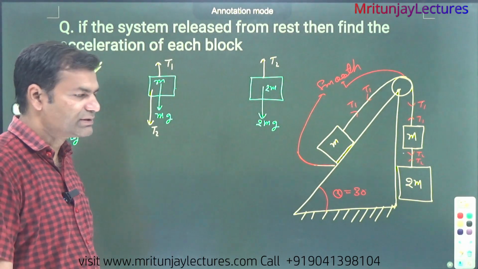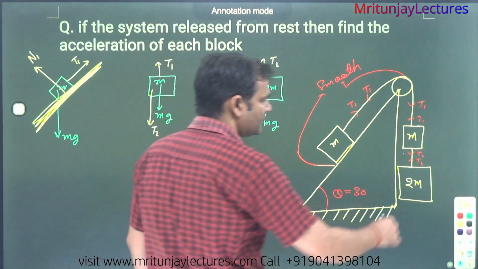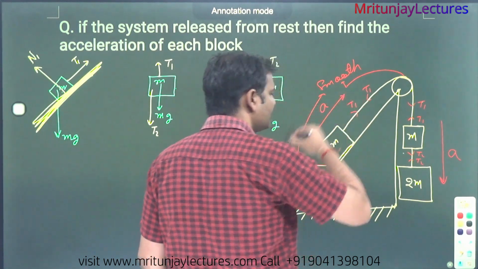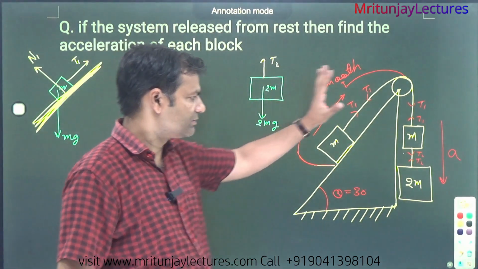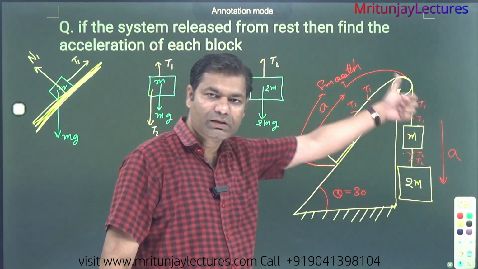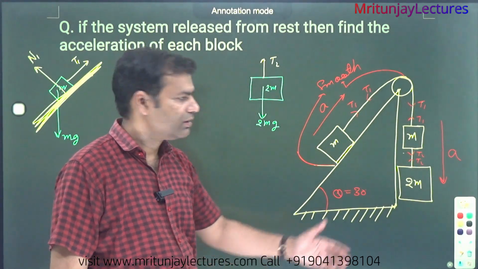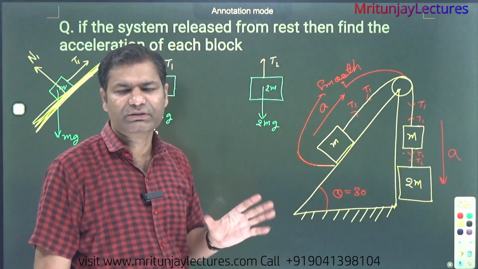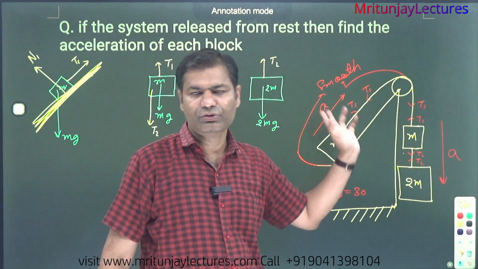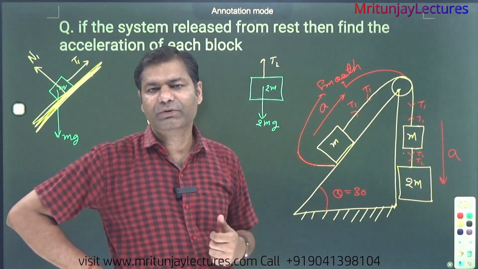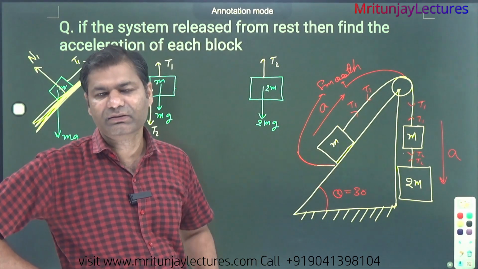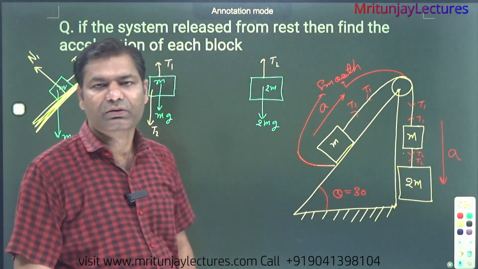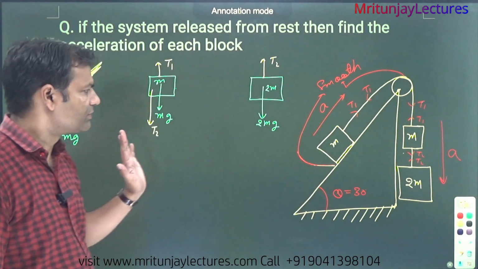If we consider the whole system going downward in this direction, that is A and that is also A. Upward or downward. But suppose we have considered the whole system going downward. If after solving A equals minus something, it means the whole system is going in the opposite direction. Okay, clear or not?